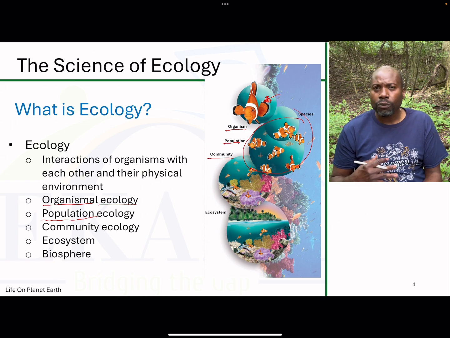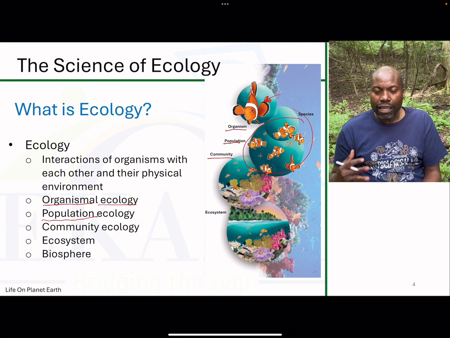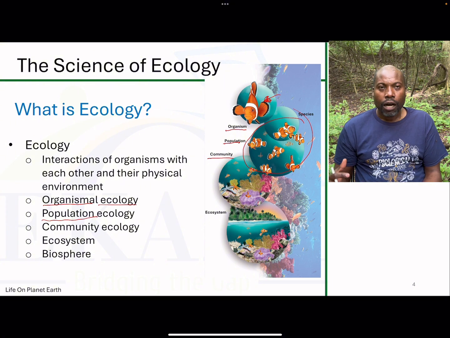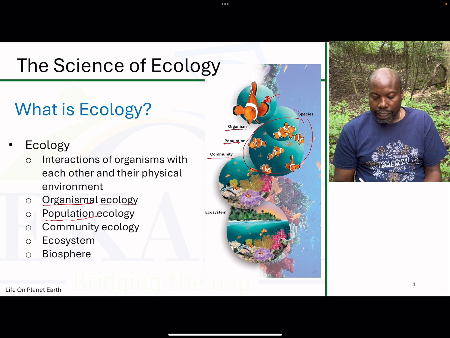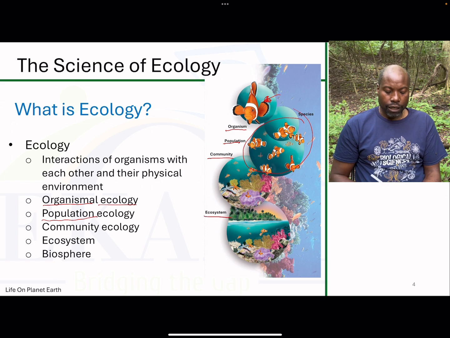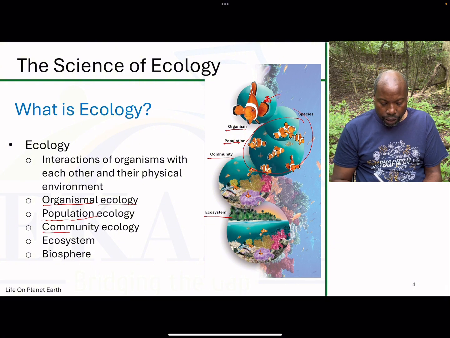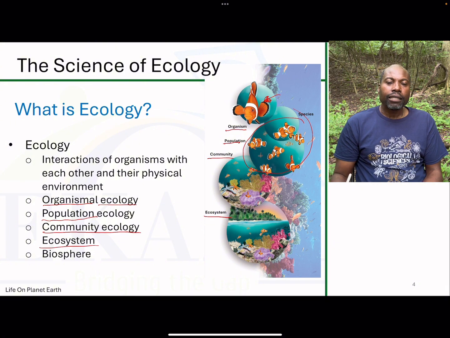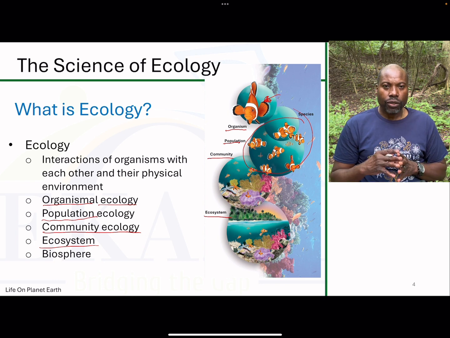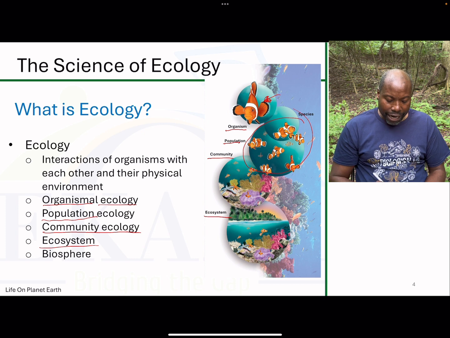How are they interacting with each other? And how are they interacting with the non-living component of their immediate environment? At that point, we are in ecosystems, right? We are studying ecosystems, okay? So we have community ecology and then ecosystems. And all ecosystems on Earth are going to constitute the biosphere.